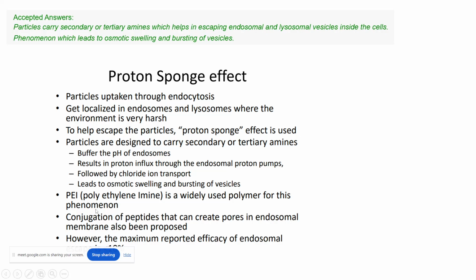Polyethylene imine is a widely used polymer for this phenomenon, and the conjugation of peptides that can create pores in endosomal membranes has also been proposed, but mostly it's the secondary and tertiary amines that are used for this proton sponge effect.